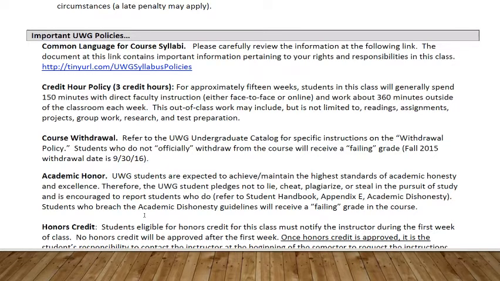In this class, every week, you're going to have 150 minutes, and that equates to about 2.5 hours of work that you're going to be required to do each week in this course. So when you're anticipating what's going to happen on a weekly basis, make sure that you're prepared to spend at least 2.5 hours, like you would if you were in a face-to-face class.